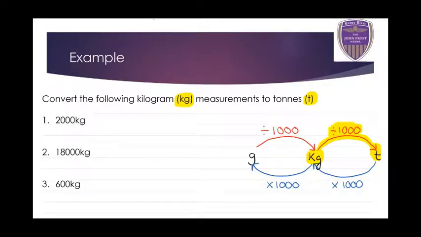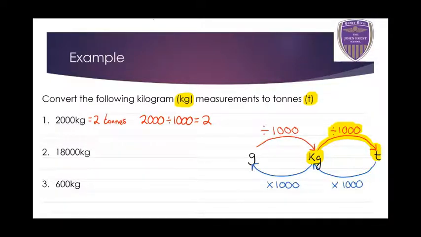It's the exact same thing, okay? So if I've got 2,000 kilograms, I'm going to want to do 2,000 divided by 1,000. 2,000 divided by 1,000, well, that equals 2. So that means 2,000 kilograms equals 2 tons. Not toms. 2 tons, okay?